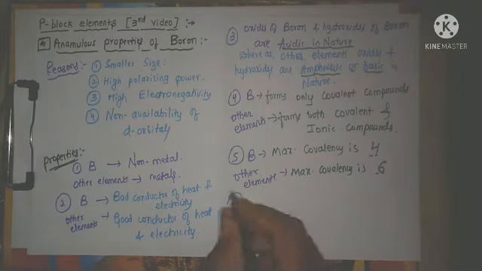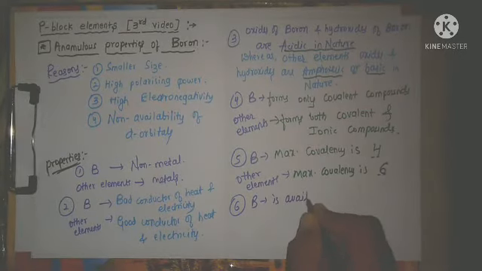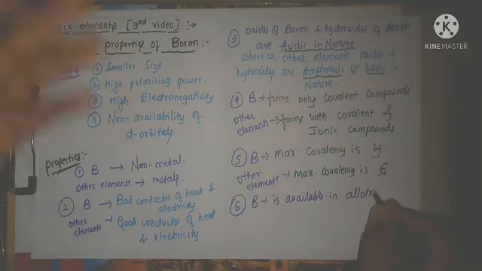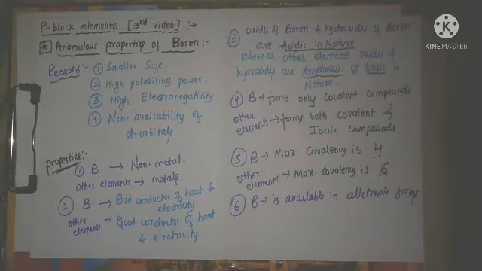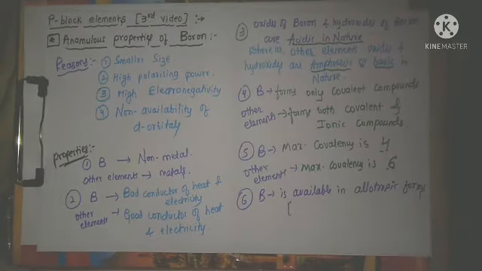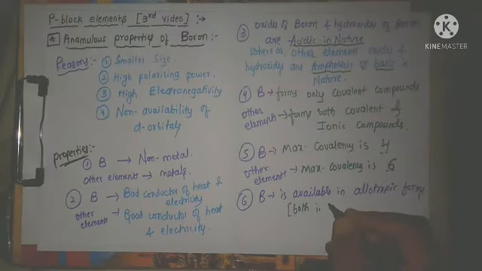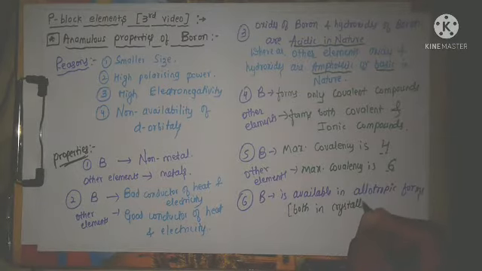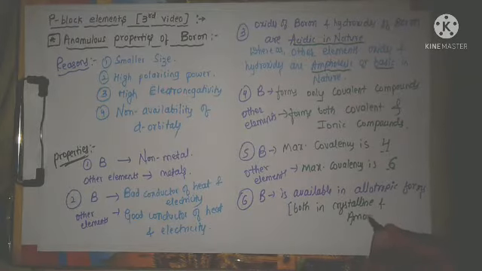Sixth one is boron is available in allotropic forms, and also both in crystalline and amorphous forms.